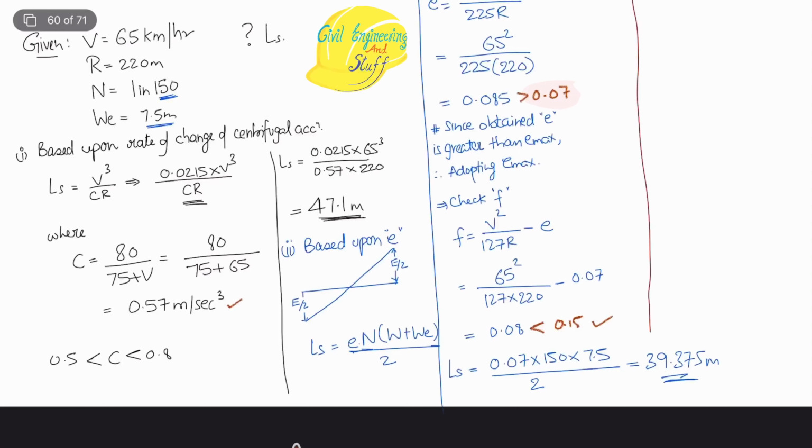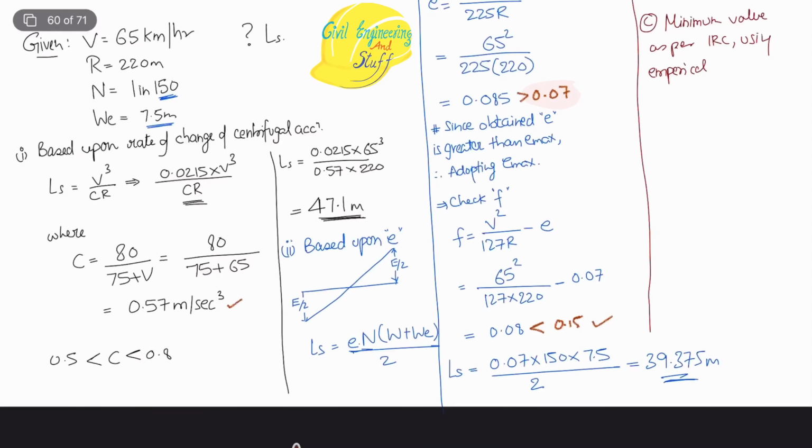Okay, so the minimum value as per IRC using the empirical formula is 2.7 V square by R, that is equals to 2.7 into 65 square divided by 220.